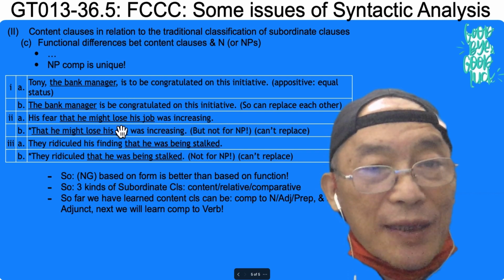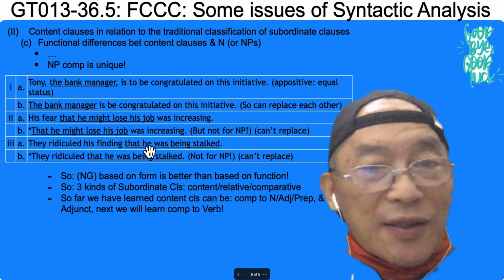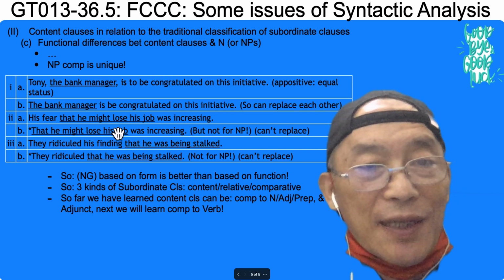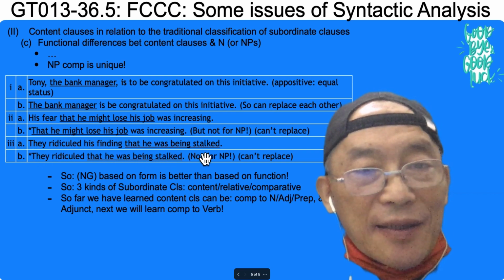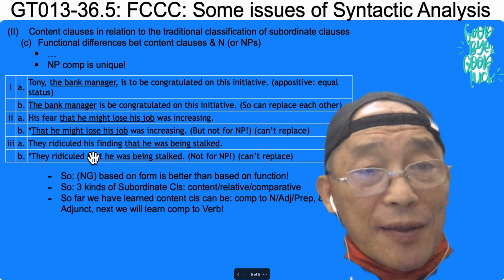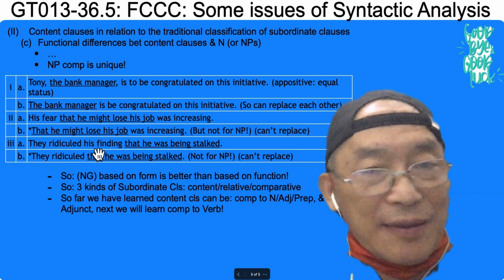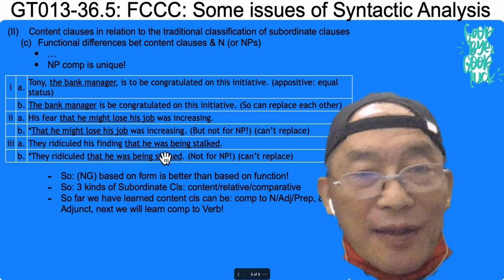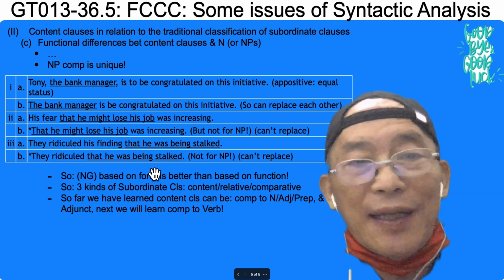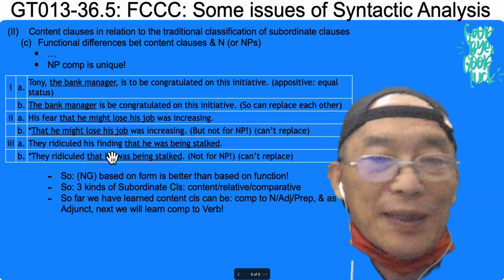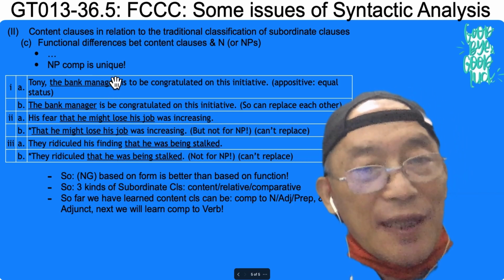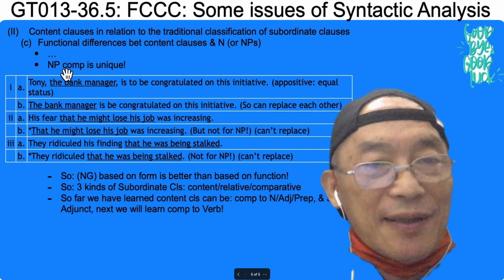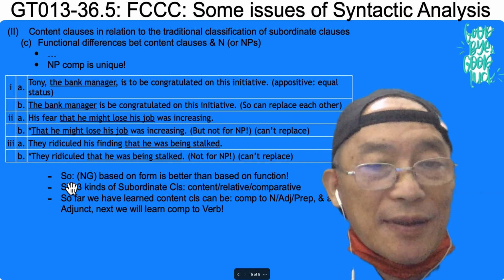How about this one? Sorry, this one cannot replace this. He really good is finding that. So, he really good is finding. That's correct. He really good. This one? Sorry, this one cannot replace this one. Because the complement is unique. It's different than the noun or noun phrase.